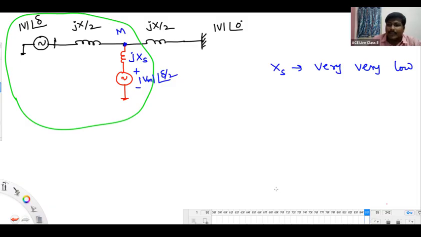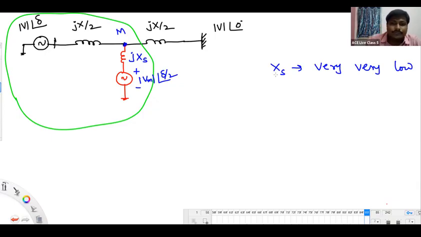I am repeating the statement: Xs is a very low number, so whatever midpoint voltage we have, the same voltage will appear at the source also. Xs can be neglected as it is very close to 0, so obviously the midpoint voltage will appear for the source.